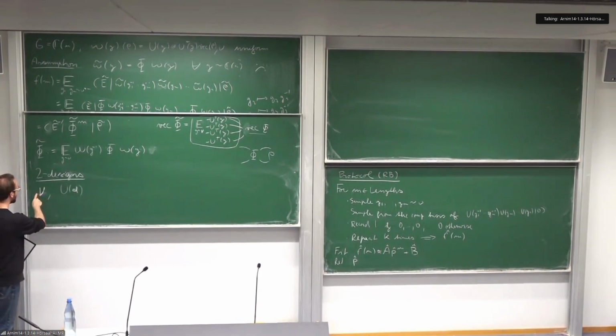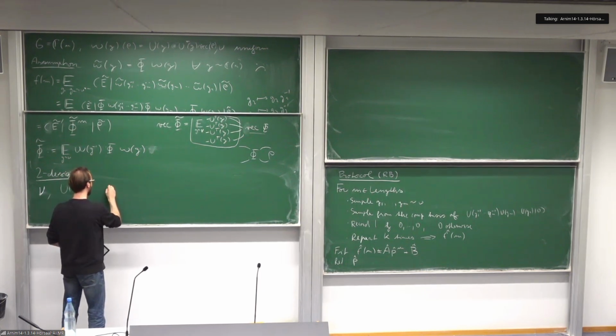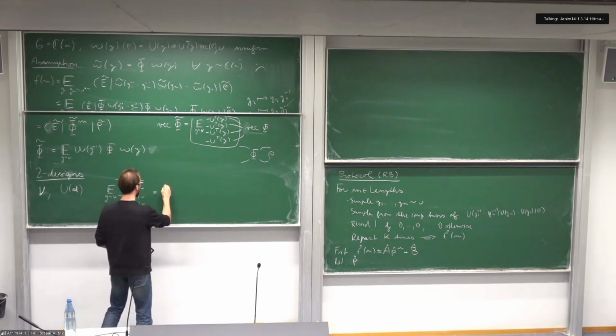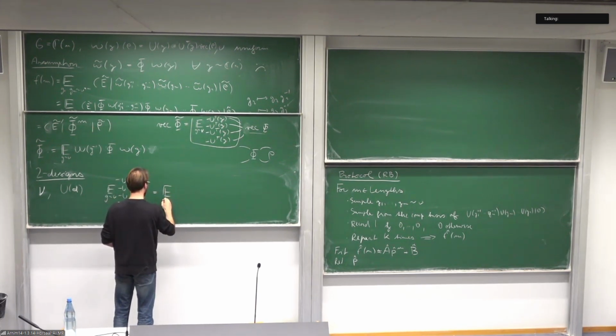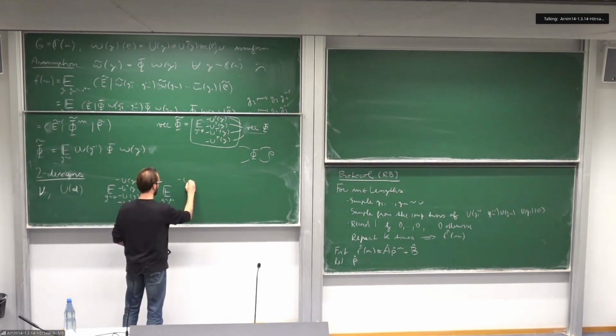The property of this nu that makes it a 2-design is that the expectation value of this kind of thing is the same as the expectation value over the Haar measure over the unitary group of the same thing.